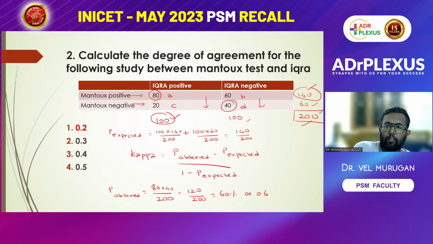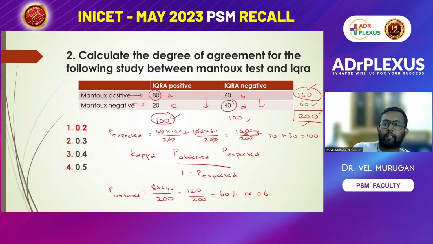140 by 200 plus, we get 70 plus 30, which gives 100.